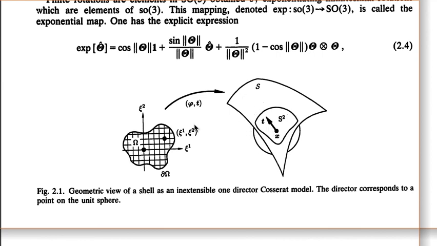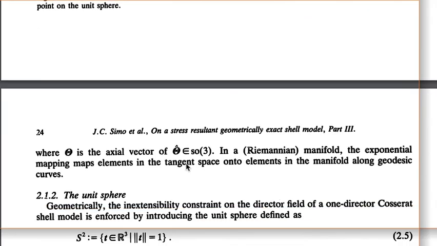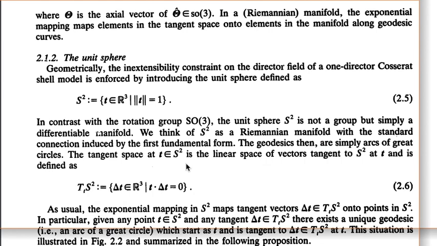Here in this system we will have 5 degrees of freedom, and here we will have 6 degrees of freedom. So we can avoid the drilling degree of freedom by this procedure.